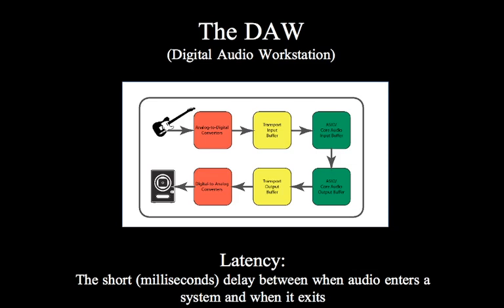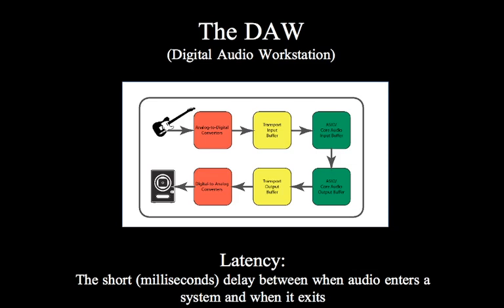So your guitar has to be converted from an electrical waveform in the form of electricity that's in the cables. It has to be converted into digital information. This is what we talked about last week. It has to be turned into a series of samples.